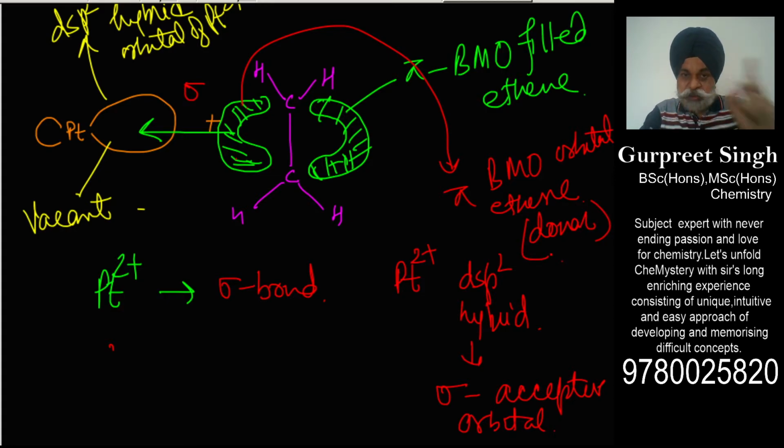So ethene donates its pi electron density to the hybrid orbital of platinum, making a sigma bond. This is where the confusion is. Generally people take it as pi, but I would say this is a sigma type of bond, where the electron density is received by the hybrid dsp2 orbital, which is receiving the pi electron density.